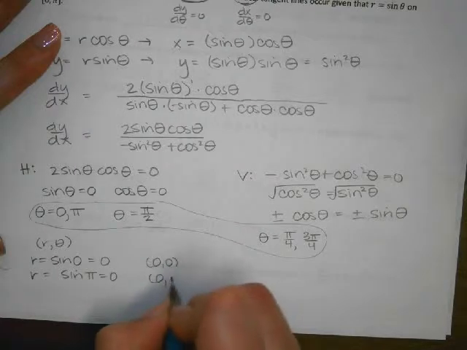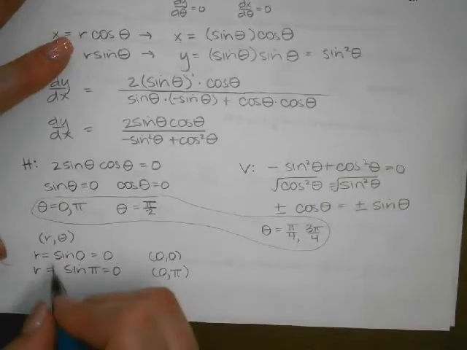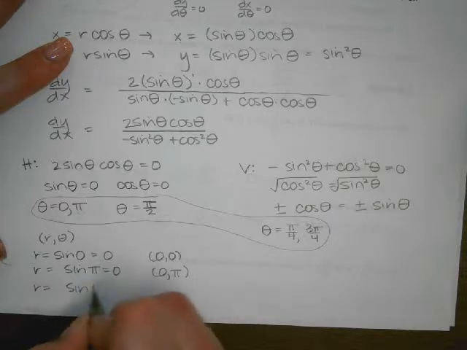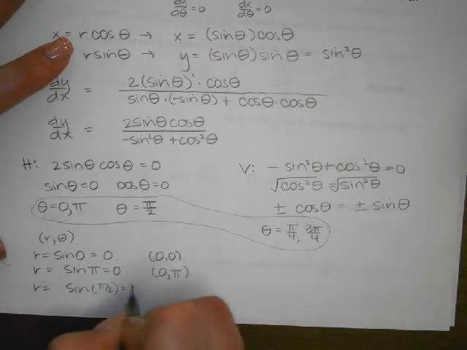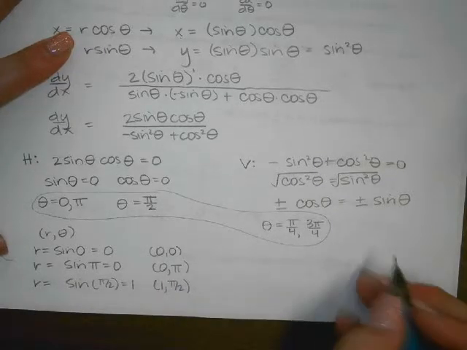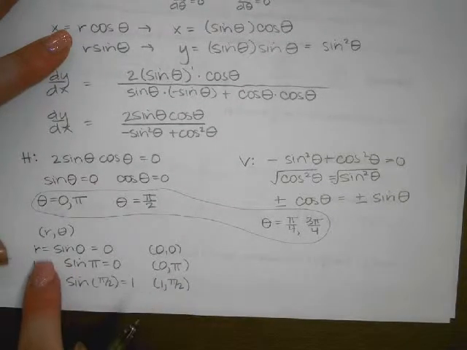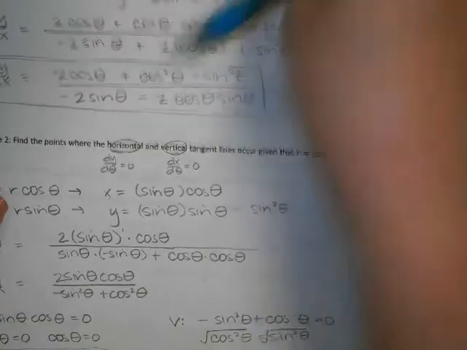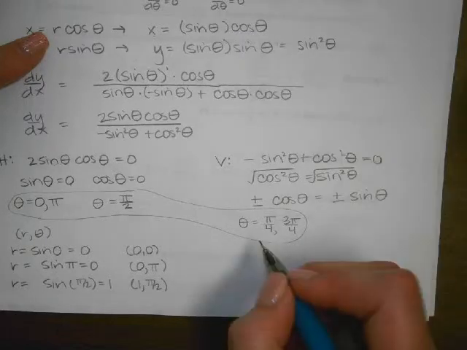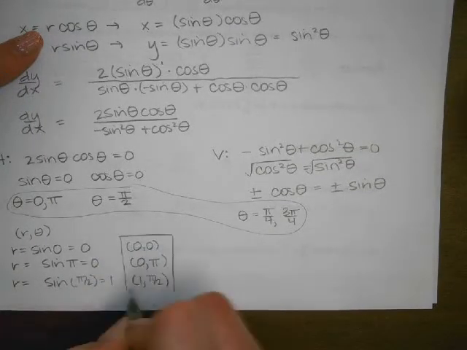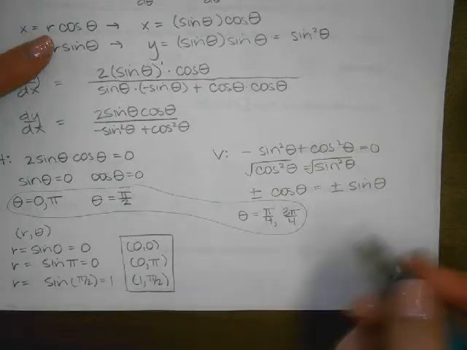So that's the point 0 pi. R equals sine of pi halves, which is 1, so that gives me the point 1 pi halves. Okay, so in each of these I was plugging in to that equation they gave me in the beginning, r equals sine of theta. Okay, and then over here, so there's my horizontal tangent lines are happening at those points.